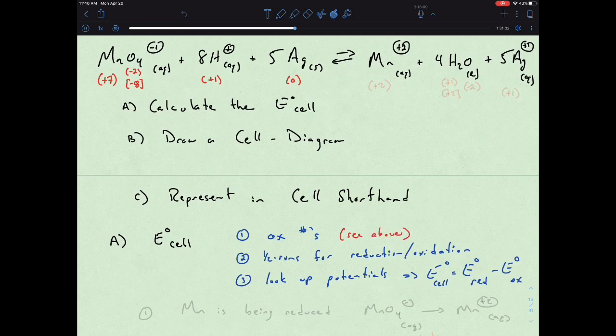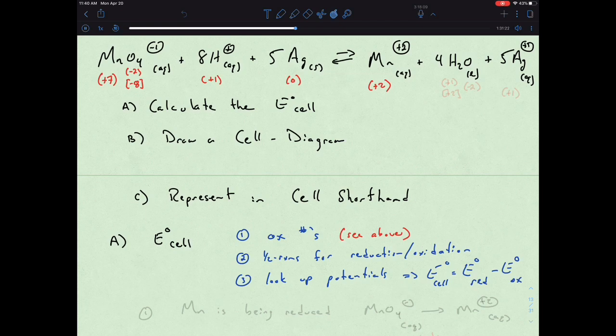We go to the product side, the manganese is +2 now, and so there is our reduction. The manganese in manganate on the starting material side is in the +7 oxidation state, and now it's +2, so there's a gain of electrons.